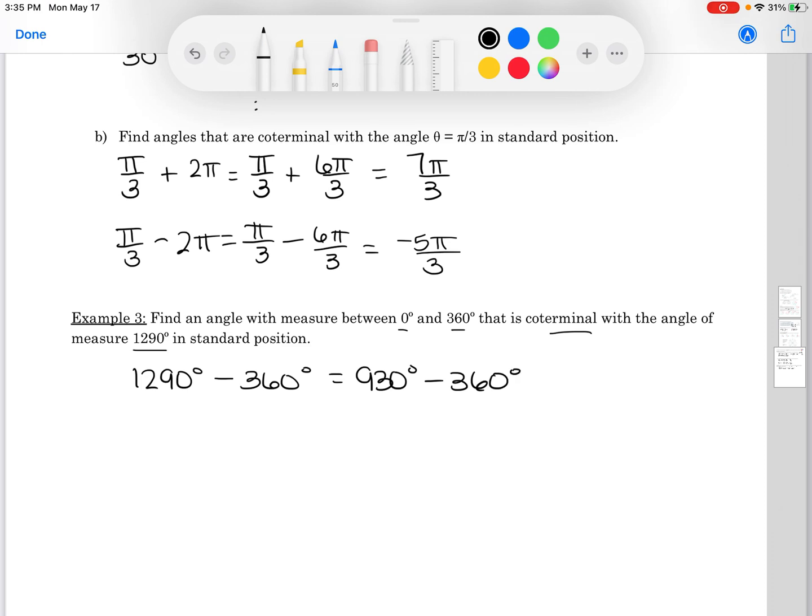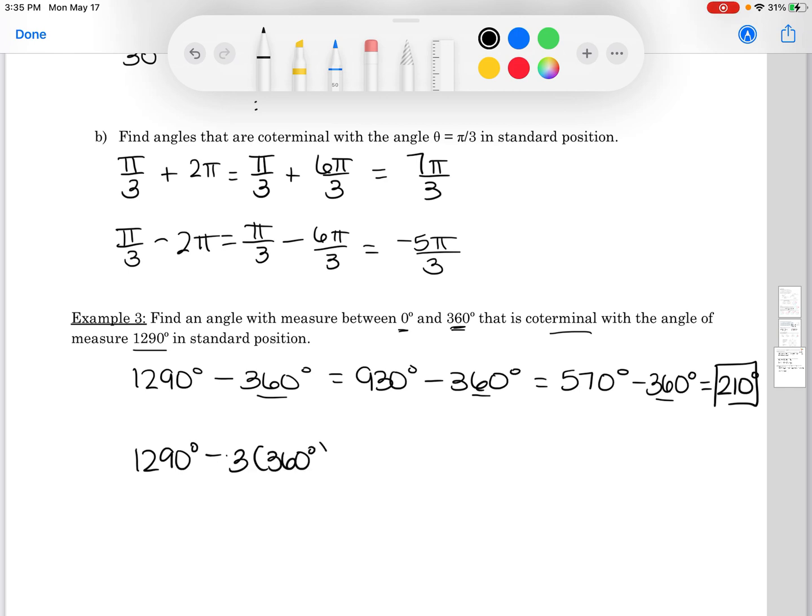That's like subtracting 2 circles from the original number. That's going to give us 570. It's better, but not quite there. If we do it one more time, minus 360, we'll take away a third circle. That is 210. Perfect. That's between 0 and 360. So really what I did here was say 1290 minus 3 times 360.